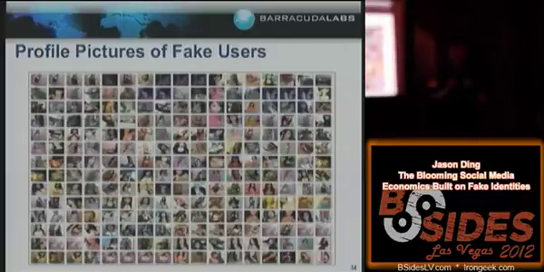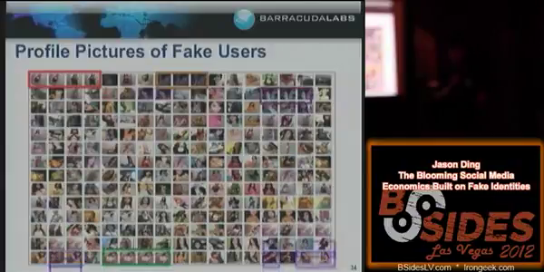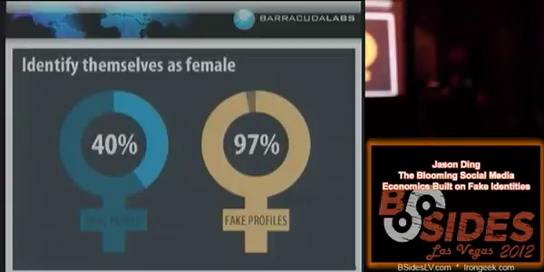I'll share some highlights here for the infographic. You still see a lot of pictures have the same image, not exactly the same. You see the first four, it's different poses in the same room. About 97% of them identify themselves as female.